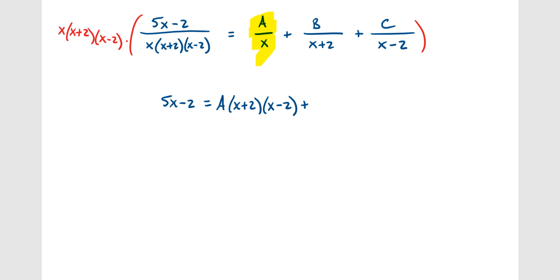For the b term, the x plus 2 is going to cancel, leaving b times x minus 2. And lastly, for the one on the right, the x minus 2 cancels, so we're left with c times x plus 2.